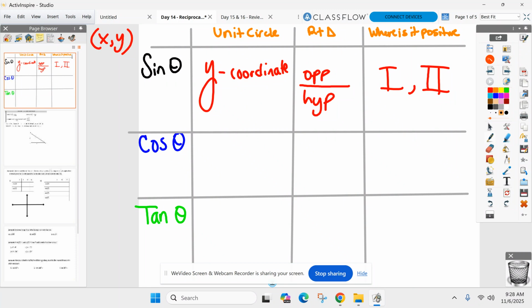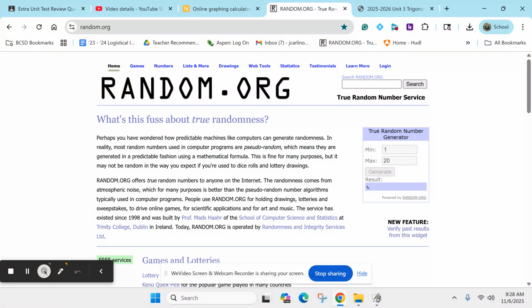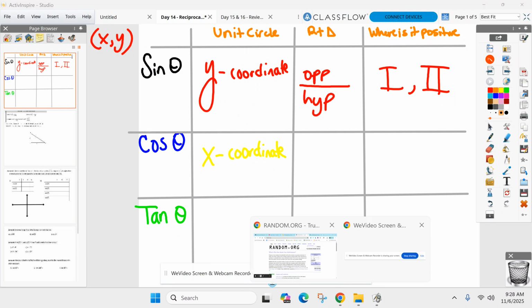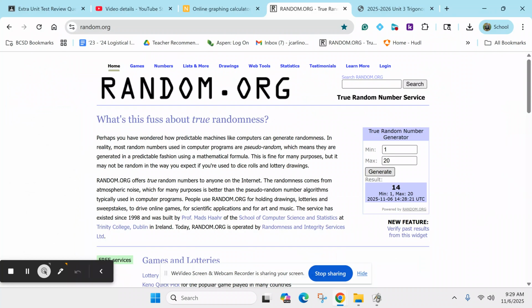Okay, cosine. We're on the unit circle. X coordinate, right? X coordinate. All right, we finally got something there. How about right triangle now? Right triangle, Sierra.